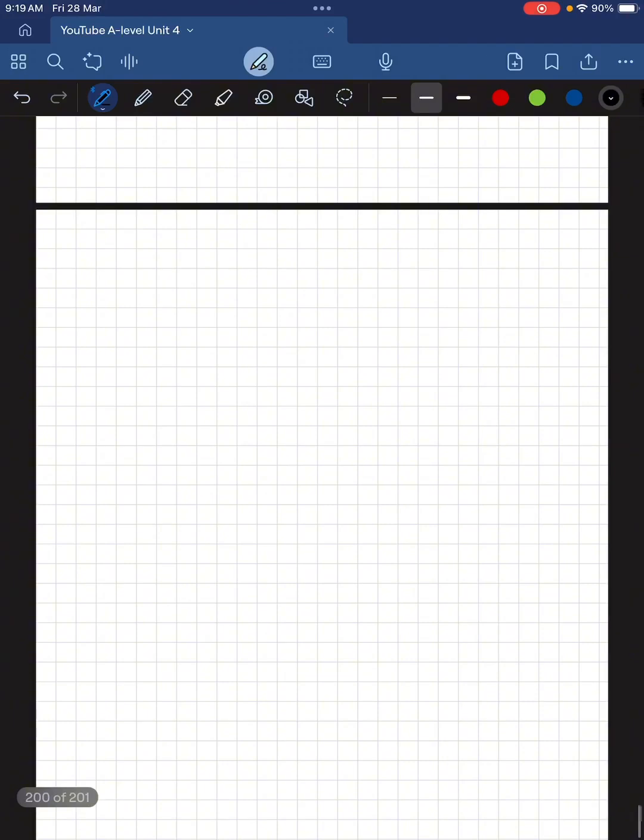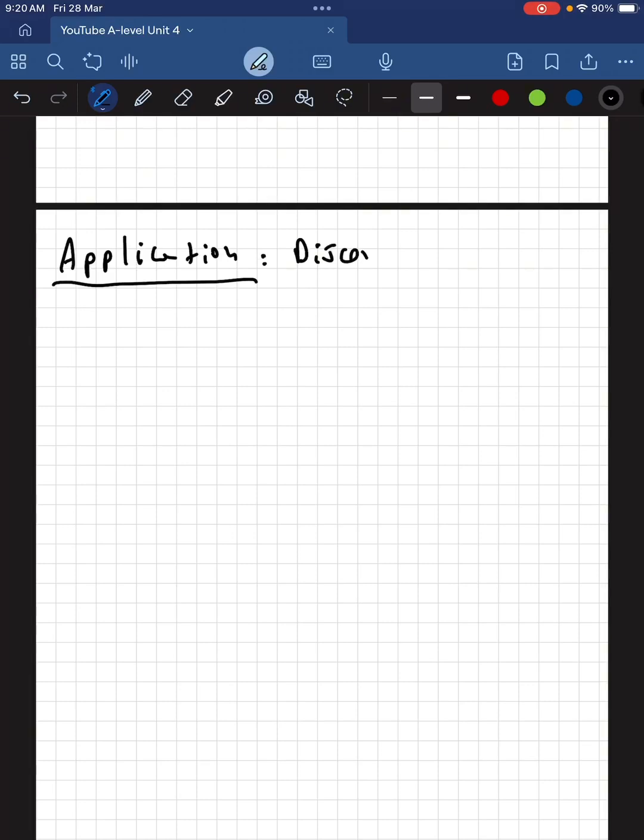Let's go see an application. This is something that can actually be asked from you in an actual test. So let's talk about the discovery of the antiproton.